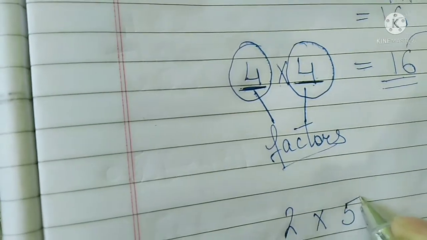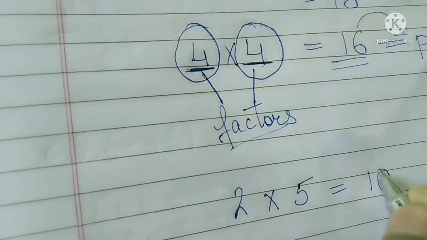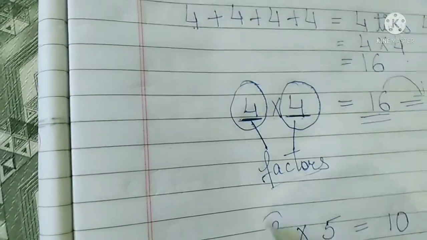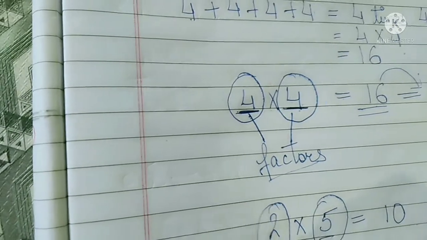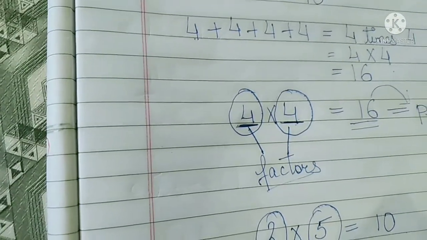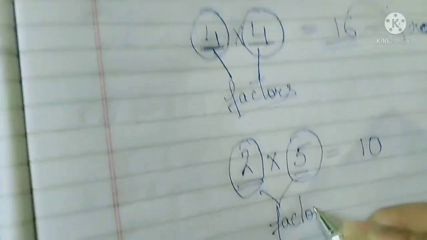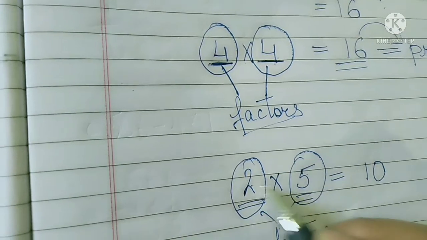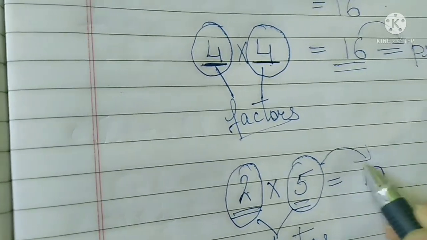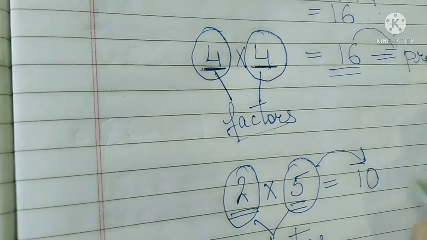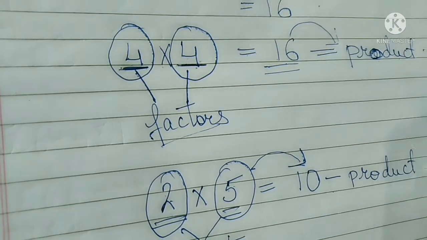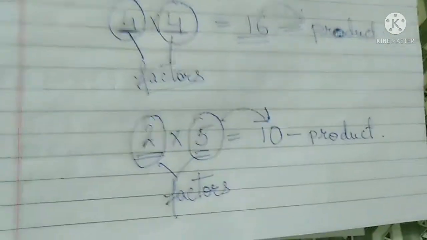So 2 multiply 5 equals 10. That means 2 and 5 are factors. F-A-C-T-O-R-S, factors. And the answer we get after multiplying is known as the product. P-R-O-D-U-C-T, product. I hope you understood.